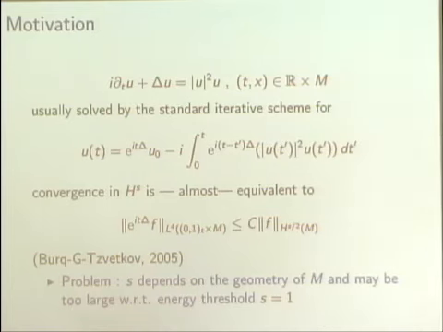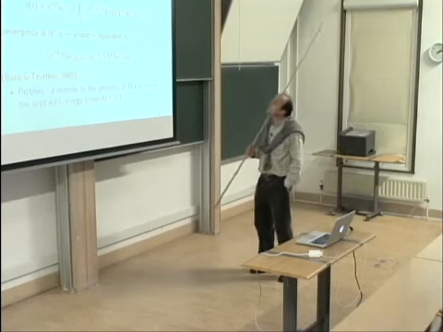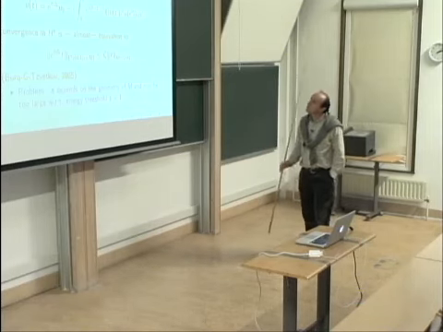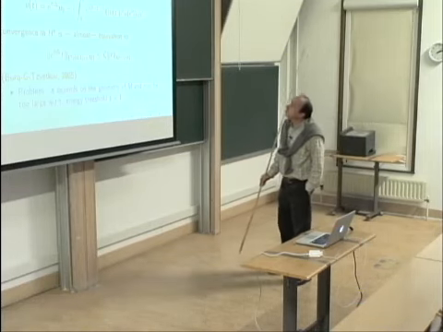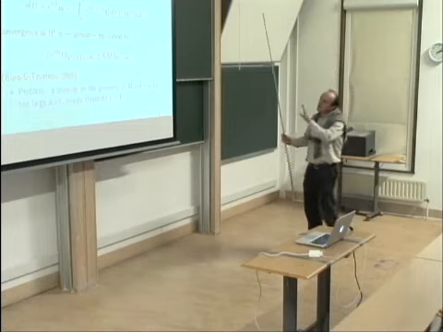If we want global existence in the energy space, we need to be able to solve this equation locally with s smaller than 1. If s is larger than 1, we don't know how to solve such an equation globally, while with a positive energy it seems reasonable to expect global existence. That was the starting point of our work.